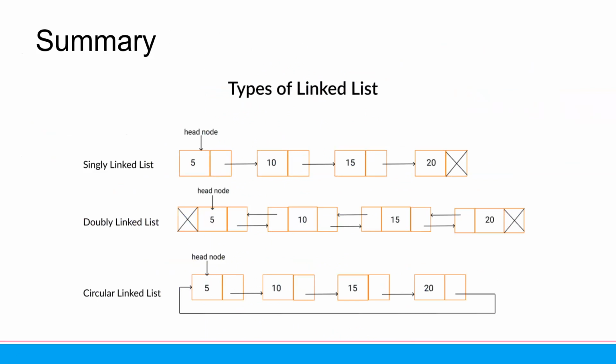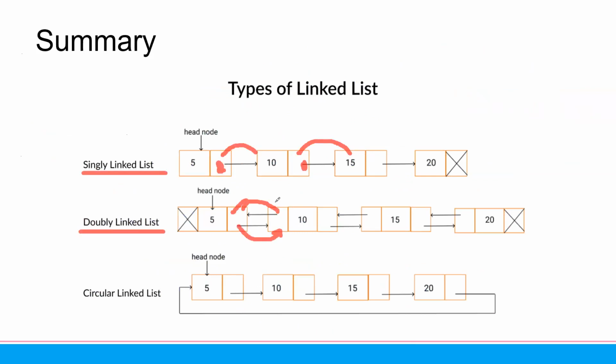So for the linked list, there are two types that you already learned. The first is the singly linked list, which has one connection. So it means this node will have a connection to the next node. If we use the doubly linked list, it means the node will have a double connection.